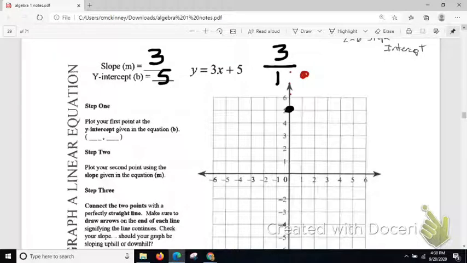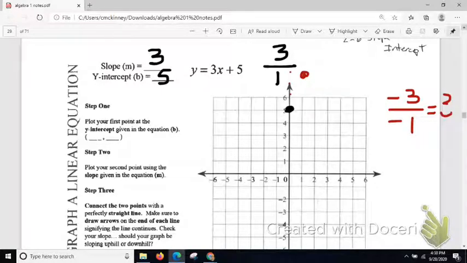So think about what else would give us a positive 3. Well, if I have a negative 3 and a negative 1, that would also be positive 3. So basically, instead of finding the next point to the right, we're going to find the next point to the left.